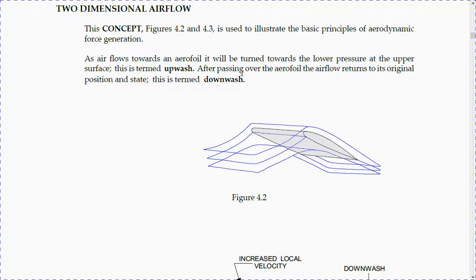After passing over the airfoil, the airflow returns to its original position and state, and this is the downwash. Downwash is inevitable. Basically, after passing over, it follows the wing curvature and goes back down to its original state.